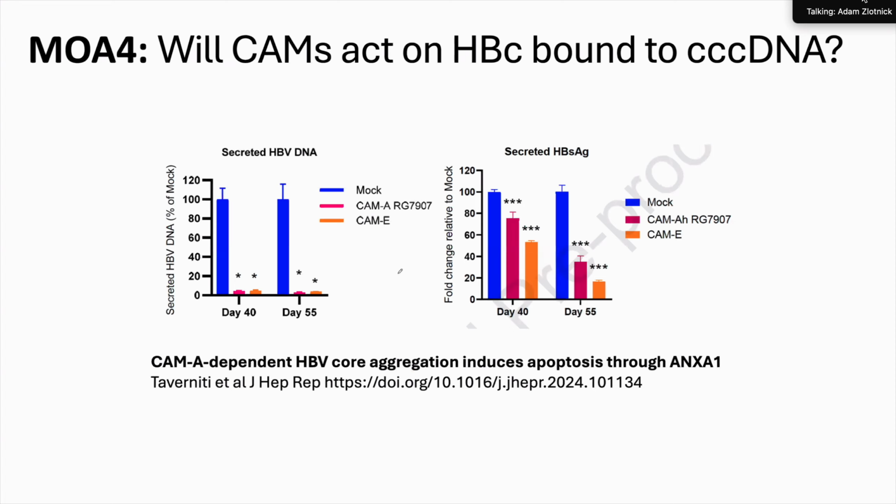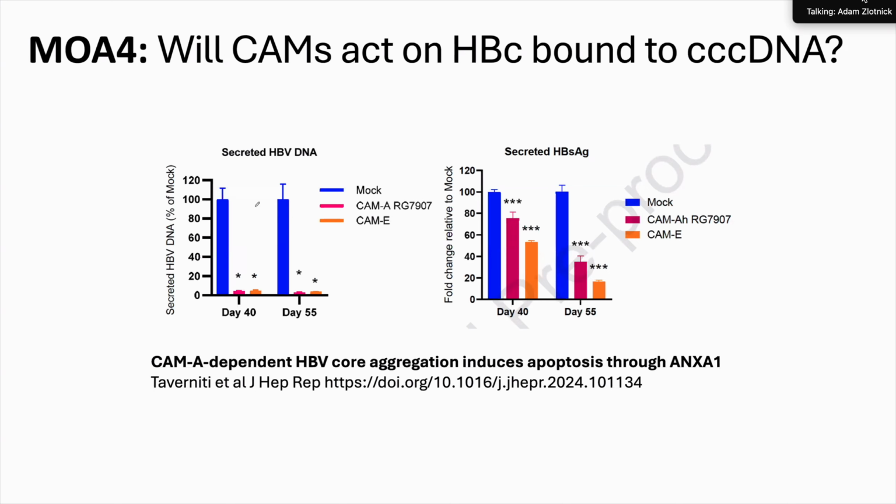Evidence of CAM effects on cccDNA is present in the literature, sometimes in unexpected places. The goal of this very recent paper by Taverniti et al. was to examine CAM-A-dependent core aggregation and apoptosis. They used a CAM-E as a control molecule.